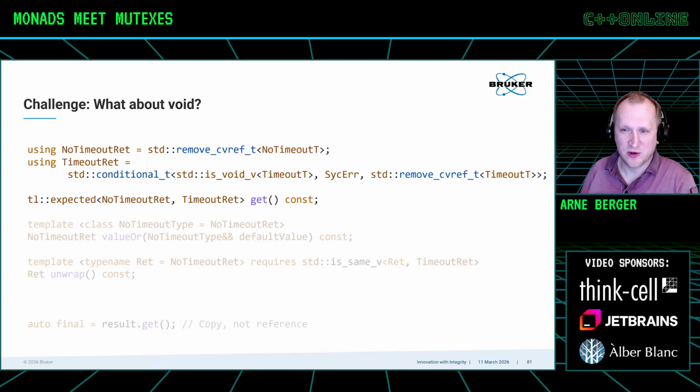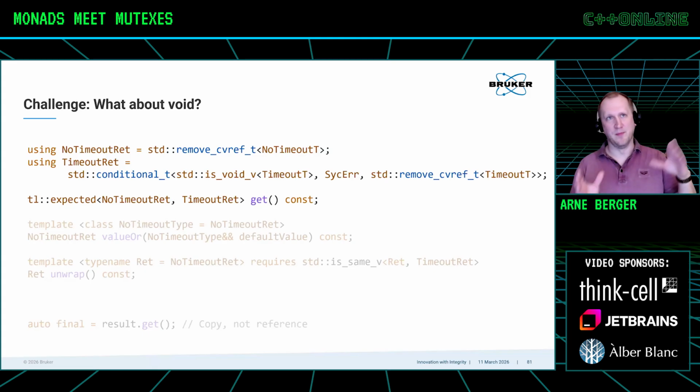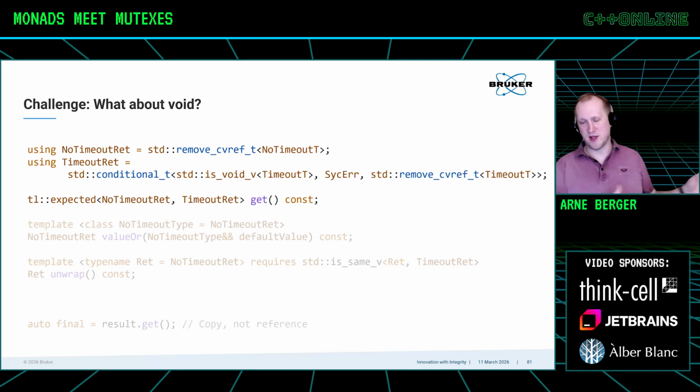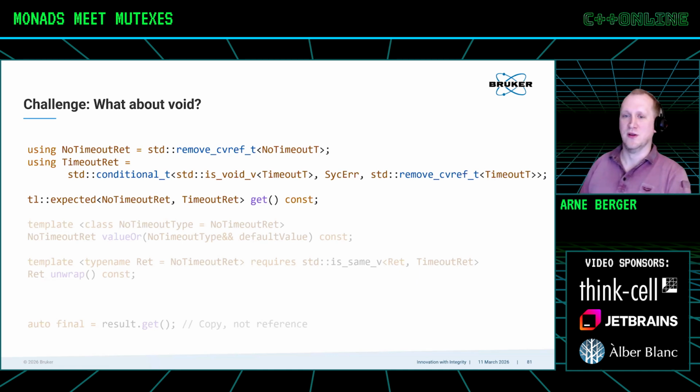You see here in this very long chain in the middle that I say, okay, if it's void, then I do not use a void, but I use some class, a synchronized error class, to signal, okay, here was a timeout, and that represents the void.